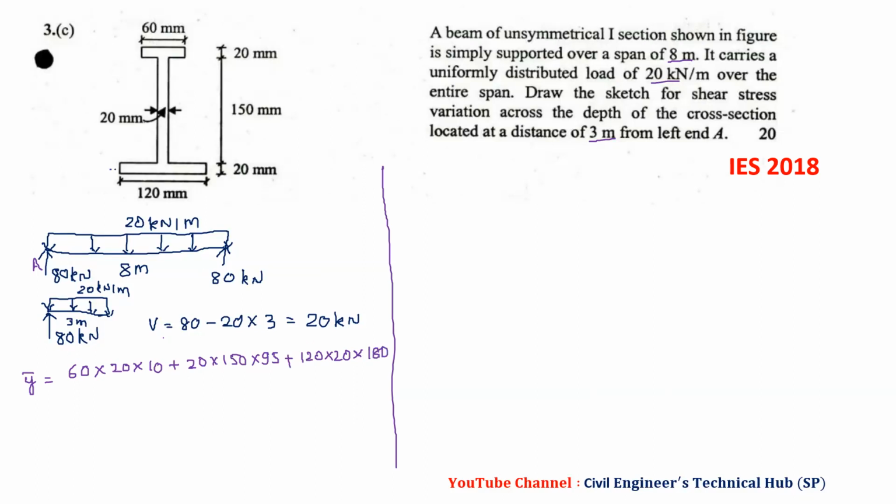From the top, we have 10, then 160, 20, so 180. This is divided by 60 into 20 plus 20 into 150 plus 120 into 20. By solving this, I got this value, let me check it, y bar equal to 110.45 millimeters.